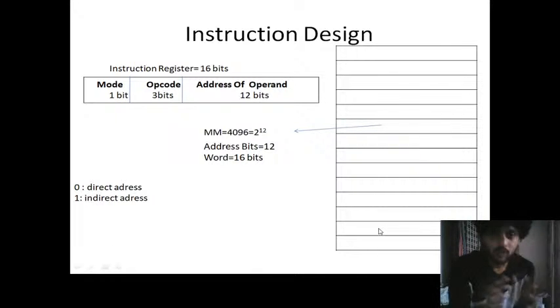Here the things that I explained are being showcased. Here we do have a main memory. Main memory is of 4096 words. That means that the address part is equal to 12 bits and the word part is equal to 16 bits. Okay, and mode digit 0 is the direct address, 1 is the indirect address. Yes or no? And the opcode is 3 bits.